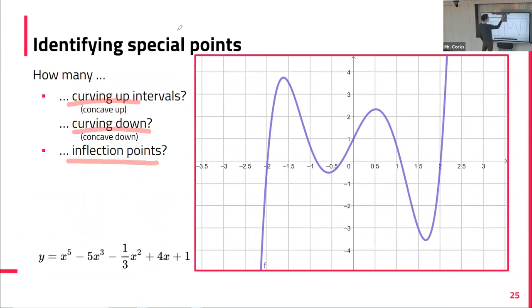And then let's give everyone a moment to look, and how many inflection points then also. So take a moment and look, and then I'll ask you. It's from the second derivative.